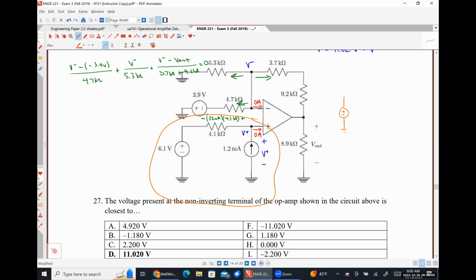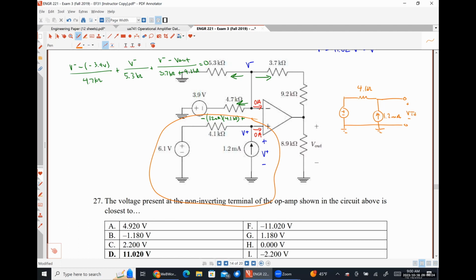I mean, it's realistically just doing the steps that you guys just did, 4.1 kilo ohms, 1.2 milliamps, and then tying these together and finding this VTH.